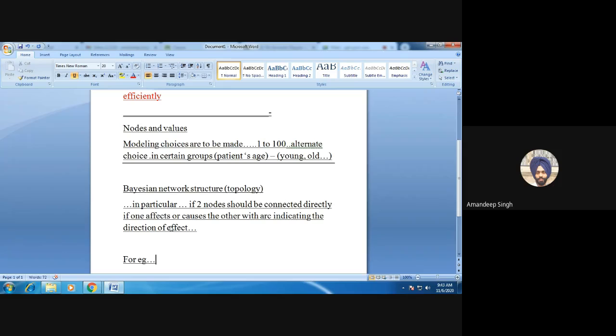Now, for example, we discussed the lung cancer text, the statements with the doctor, and the doctor was trying to examine the effects that could have led to the cancer.